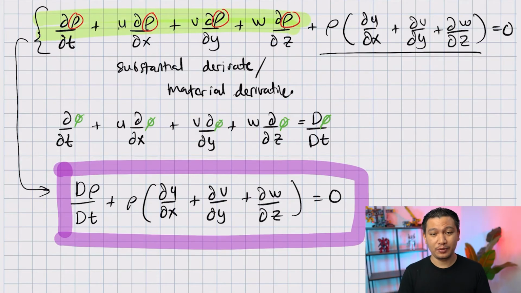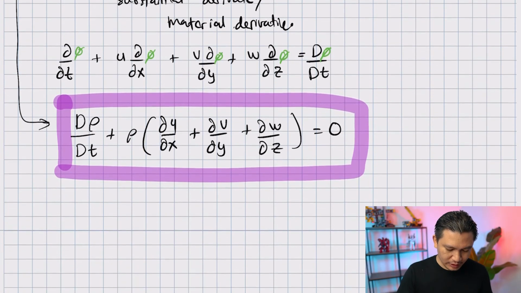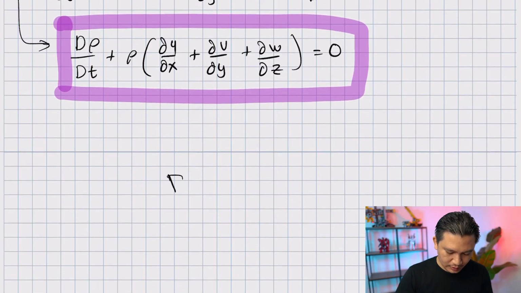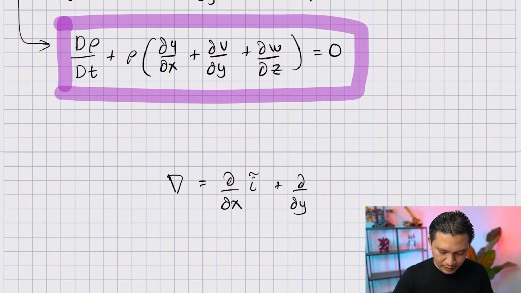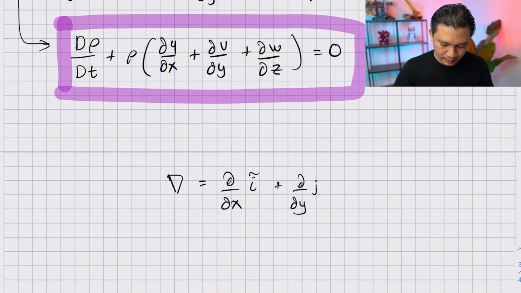And there is another way to write this equation, which is using del. And the symbol of del is this. Okay, and del is equal to del over del x. Now, this is a different del, okay? So, del over del x in x direction plus del over del y in y direction plus del over del z in z direction.